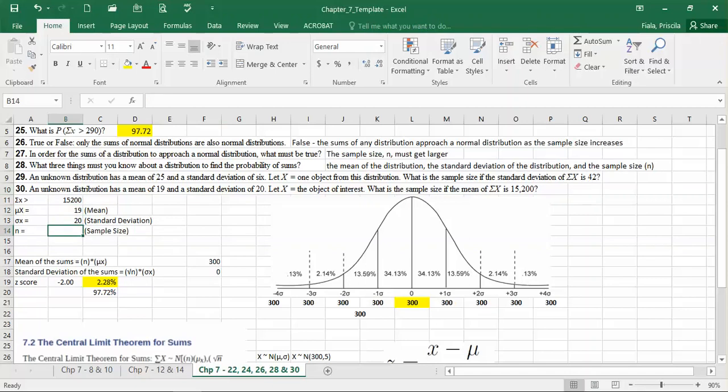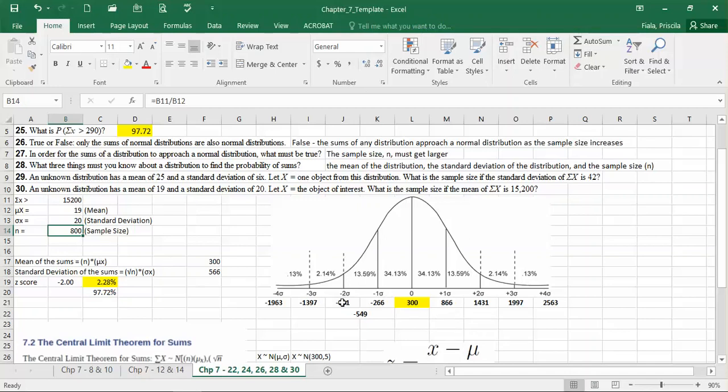Well, the sum of the values divided by your mean. So your sample size in this case would be 800.